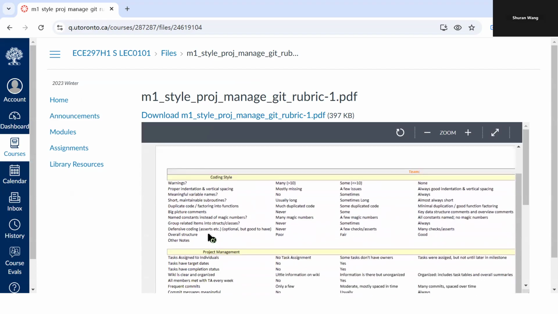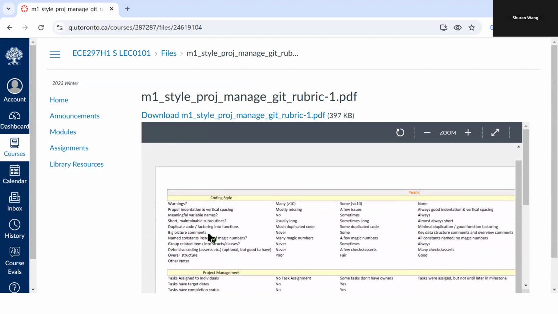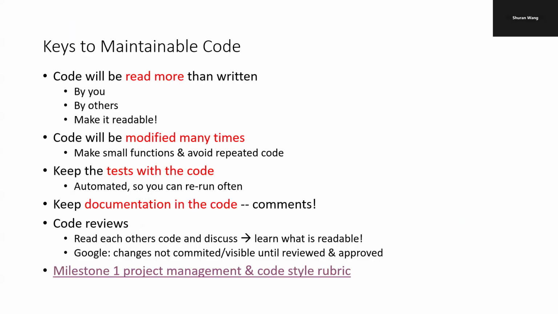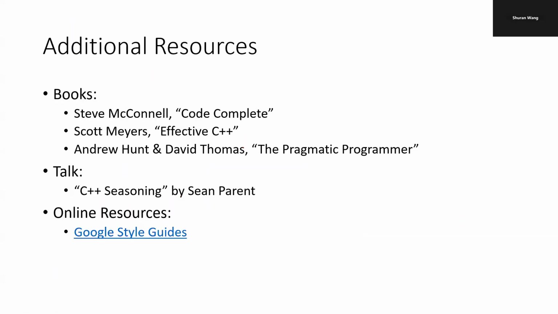This doesn't include the full set of guidelines that I just said, but your TA will mark you based on that guideline. There are additional resources on coding style. And there is a coding style guide provided by Google, which could be useful in your future career.